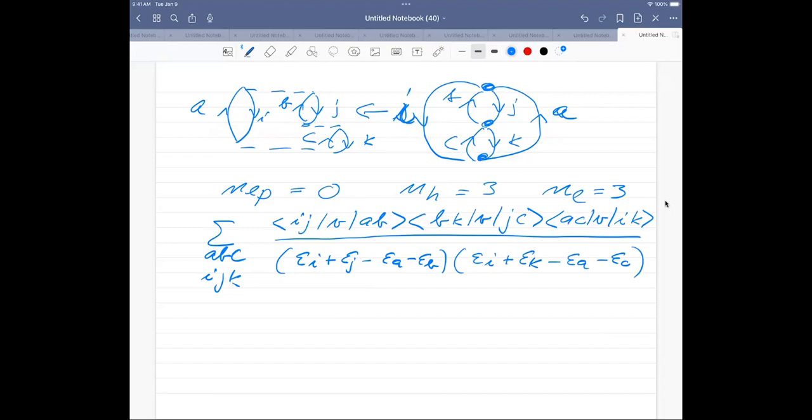So sometimes people would like to keep only specific terms. Some of these terms can be summed to infinite order, like this one particle, one hole diagrams. And that leads to what is called the random phase approximation in physics. Some of you may have heard of that. That's a very popular approximation in mean field theories, where you can sum one particle, one hole excitations to infinite order.